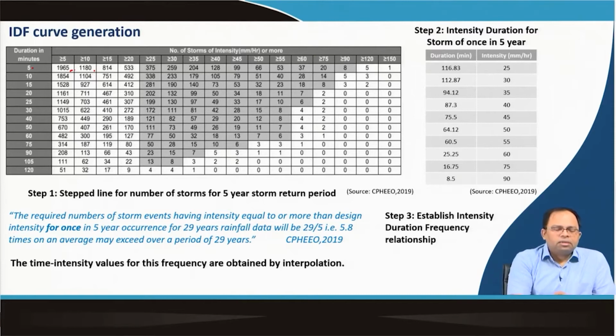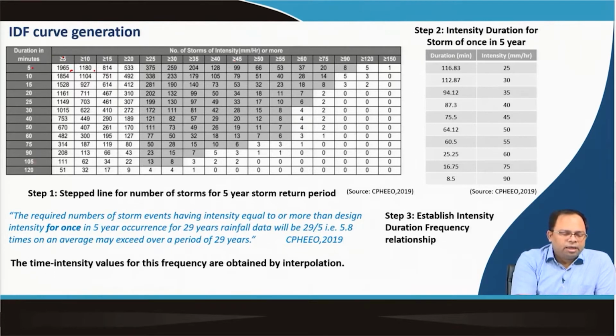This chart has to be prepared from the data that is already available. We have to summarize that data and do cumulative additions both horizontally and vertically, and only then do we get these figures. What do these figures signify? Around 1965 rainfall events of duration 5 minutes had intensity greater than or equal to 5 millimeter per hour.